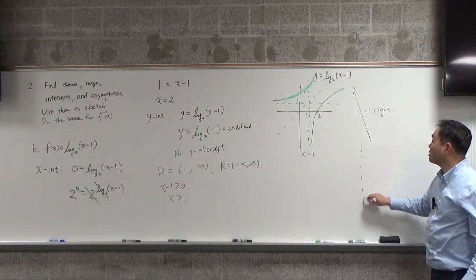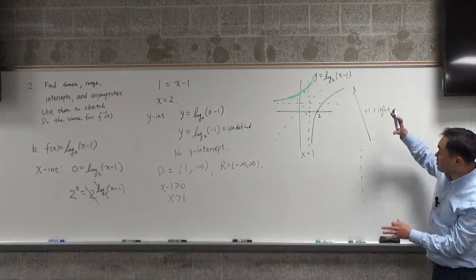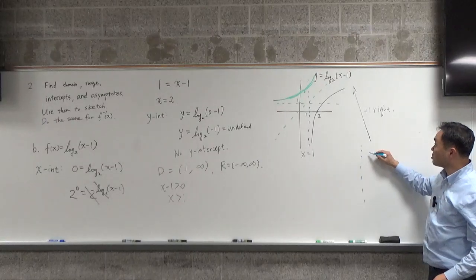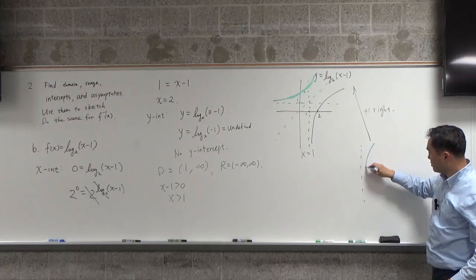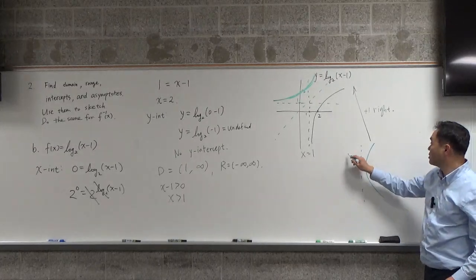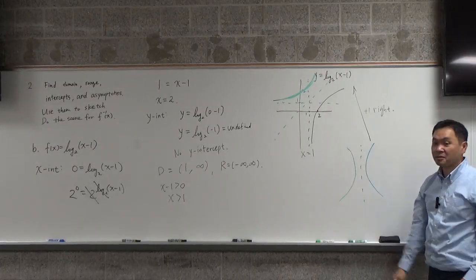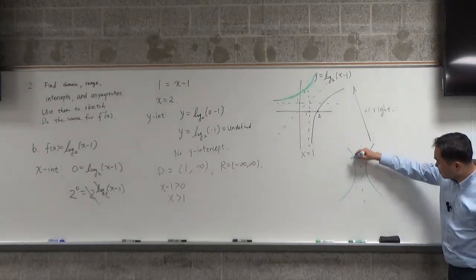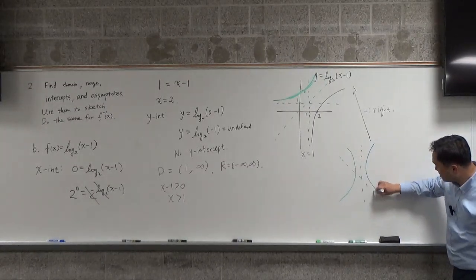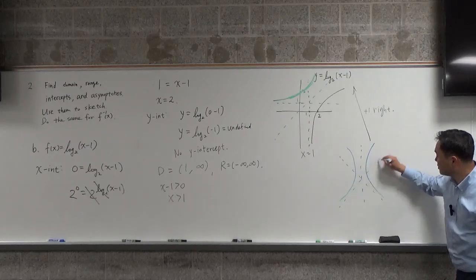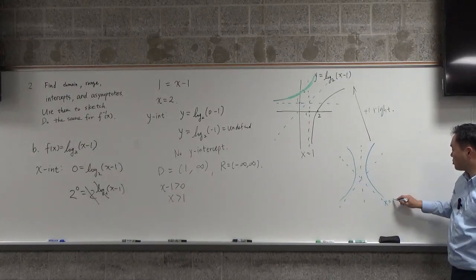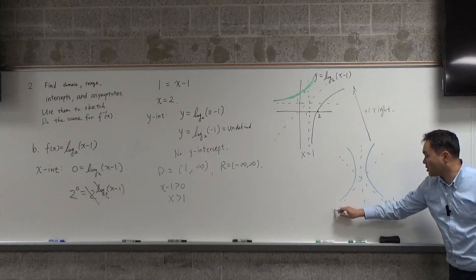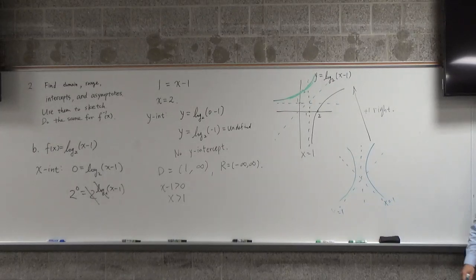So if you rotate that 45 degrees, you're going to get something like that, right? This would be x equals 1. This would be y equals 1. Right? That should be the graph.